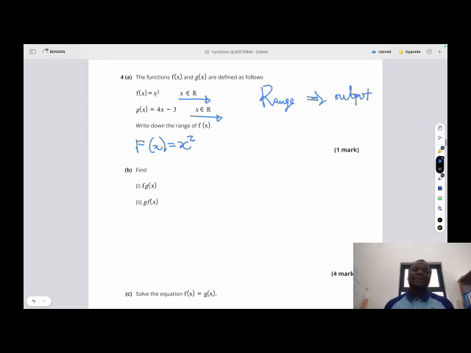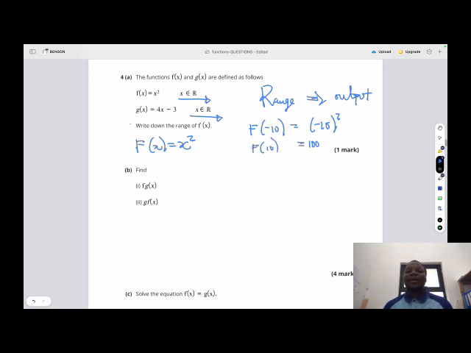But the least number, if we put 0 here, will be 0. Everything else would be positive. You can try random things like, let's say, f of negative 10. This will just be the same as f of 10, because negative 10 squared gives you 100, the same as f of 10.